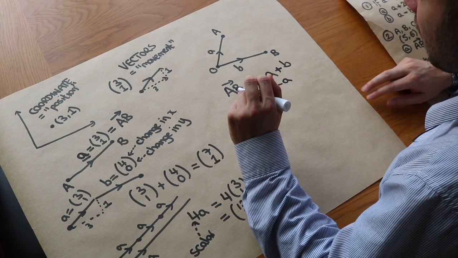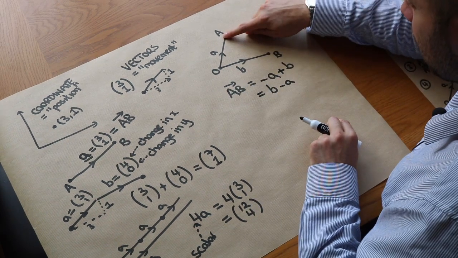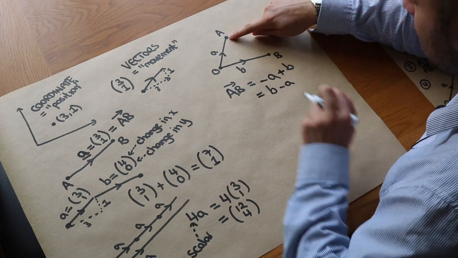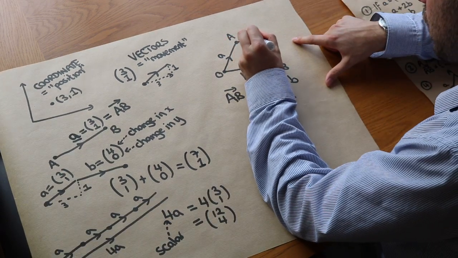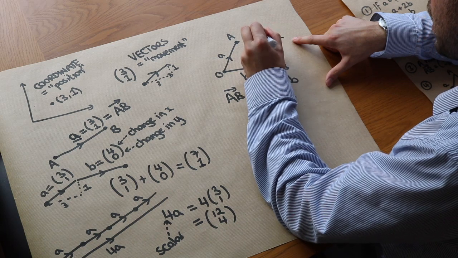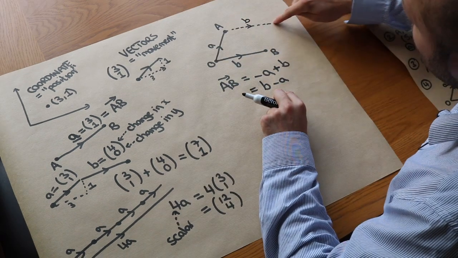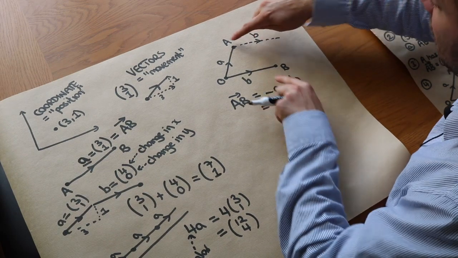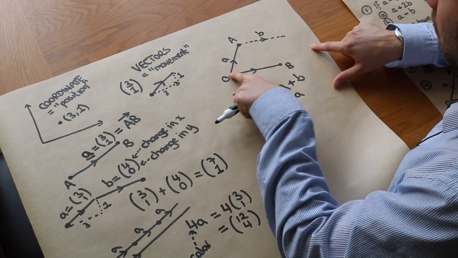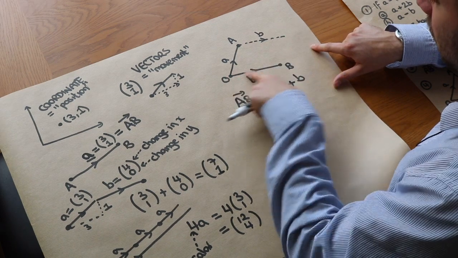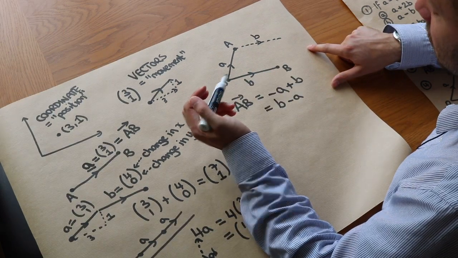So that might make you think, well, if I'm starting from A and I want to get to B, I could first do a vector B. So notice, if that is B here, then if I did the movement from here instead, and by the way, it doesn't matter where the movement actually occurs, it'll be the same vector as long as you're moving in the same way. So whether I move like this or move like this, it's exactly the same movement. It's just I have a different starting location.